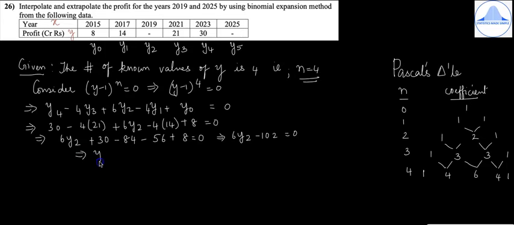So which implies y2 is equal to 102 divided by 6, that is equal to 17. So therefore y2 is equal to rupees 17 crores.